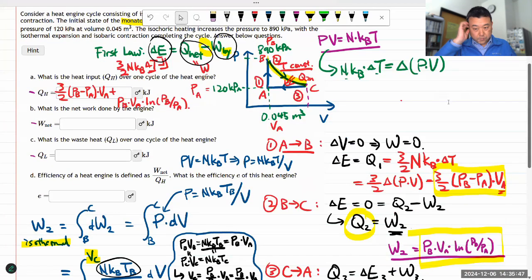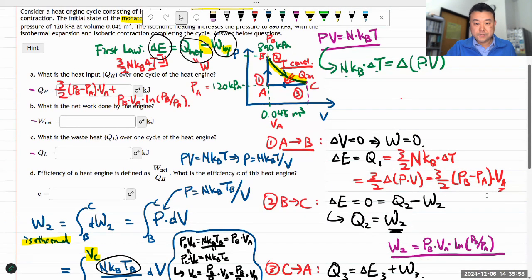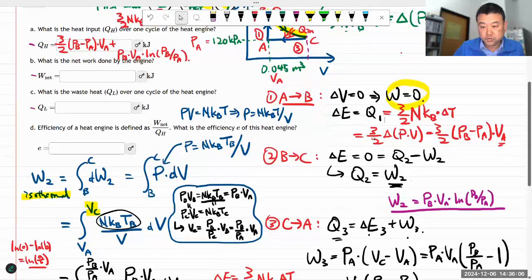It asks what is the net work being done by the engine. So for the net work, again, I've done all the hard work already. I just need to find the right quantities to plug in. Let me delete the previous highlights. So for the process A to B, there's no work done, so 0 work. I'm doing positive work as it expands. I already calculated that.